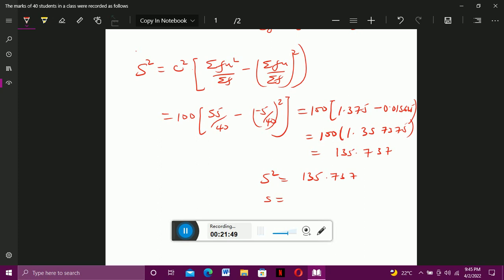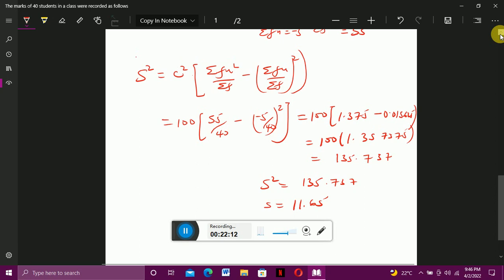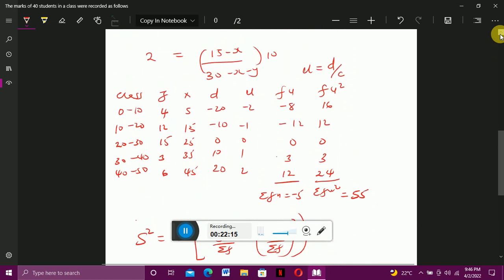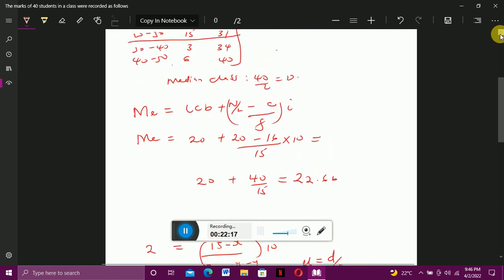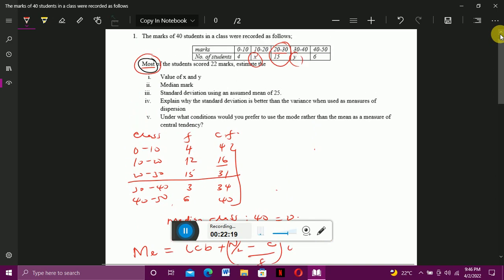We need the square root of 135.735, which is approximately 11.65. So the standard deviation for the data is 11.65. So we have used the coding method.